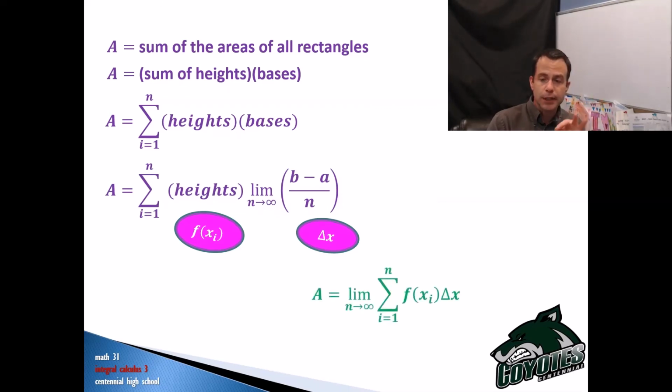The area will equal the limit as n approaches infinity of the summation from 1 to n of f of x subscript i times the increment of x, where x subscript i is defined as a plus i times the increment of x, which we've already talked about in a previous slide.